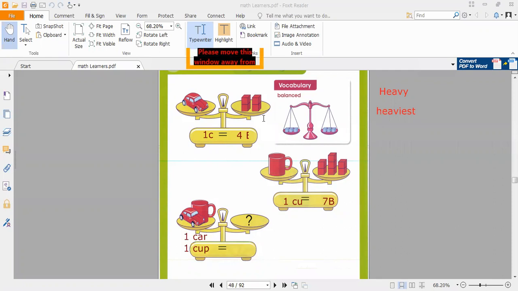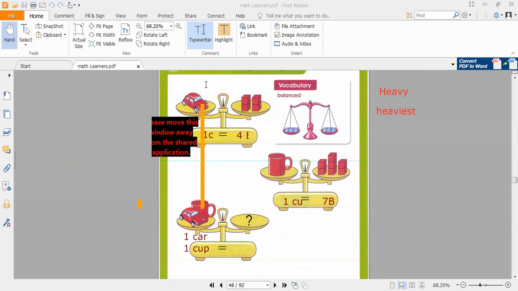Okay, now who is going to tell me one car equals how many cubes, how many blocks? Okay, Abdullah is going to tell us. One car equals how many blocks? 4 blocks.